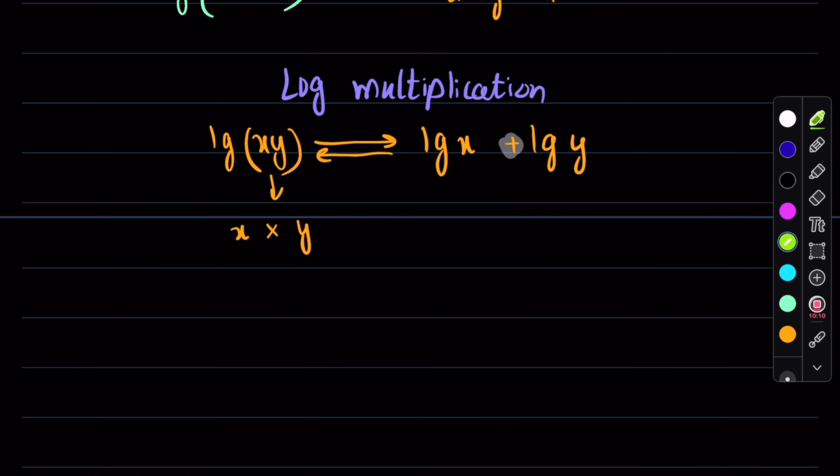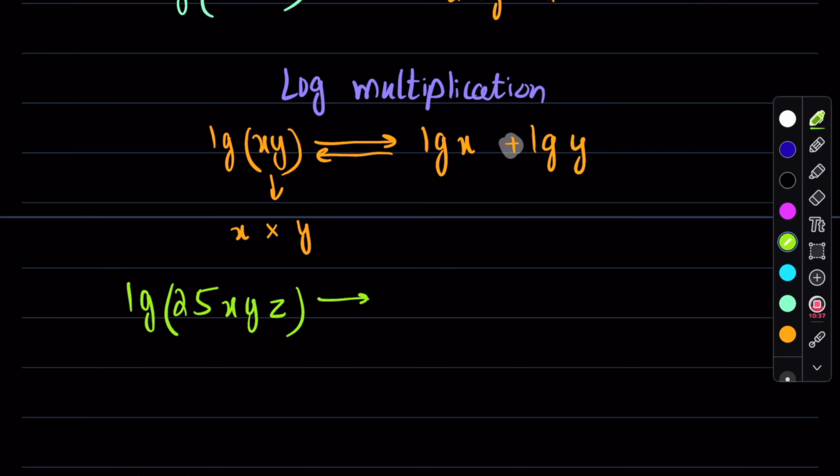Okay, so if we have a case of lg 25xyz, since 25 is being multiplied by x, is being multiplied by y, and it is also being multiplied by z, the entire terms are being multiplied by each other, so we can break the logarithm and write the plus between them.